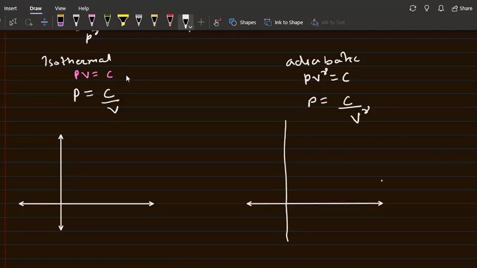So I can say that the graph of y is equal to 1 by x, which is P is equal to constant by V, will be something like this. Just forgive my bad drawing. It will be a curve, like this.